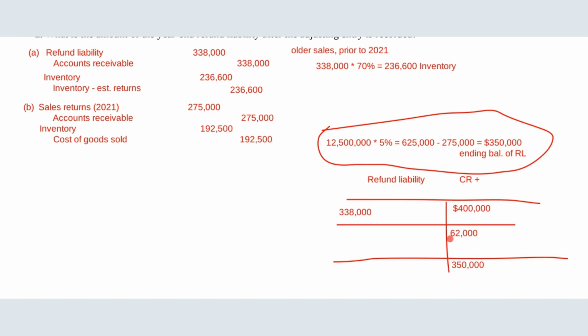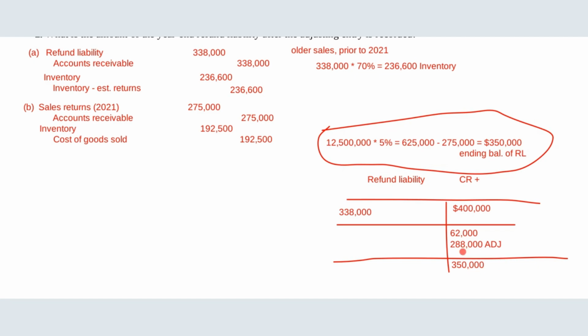That means that we're going to have to credit an account here, right? The 350 minus the 62, an amount of 288. 288 will be the amount of our adjustment. Okay, so we currently have 62,000 in the account. It needs to be 350 according to our estimate, right?